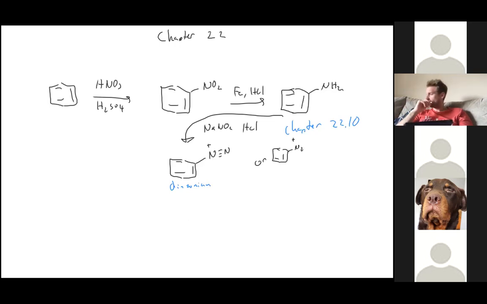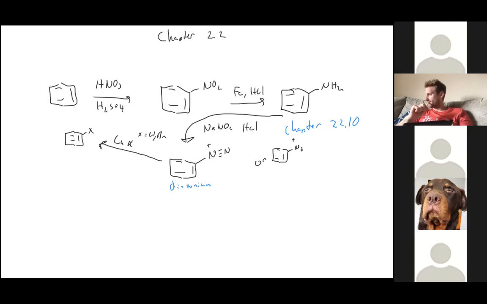If we add in copper and either chlorine or bromine, we can make either a chloride or a bromide. We already know how to do these reactions.